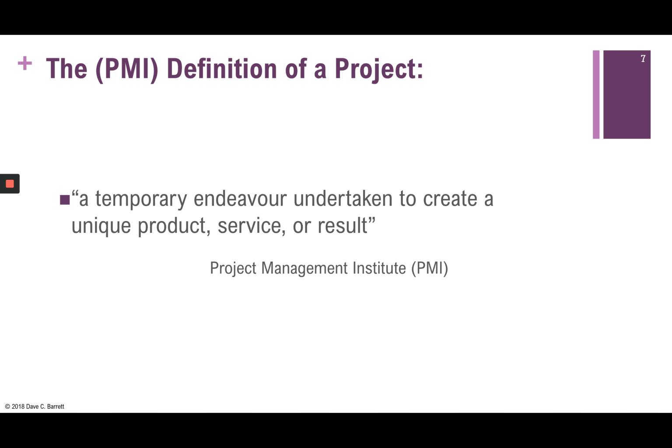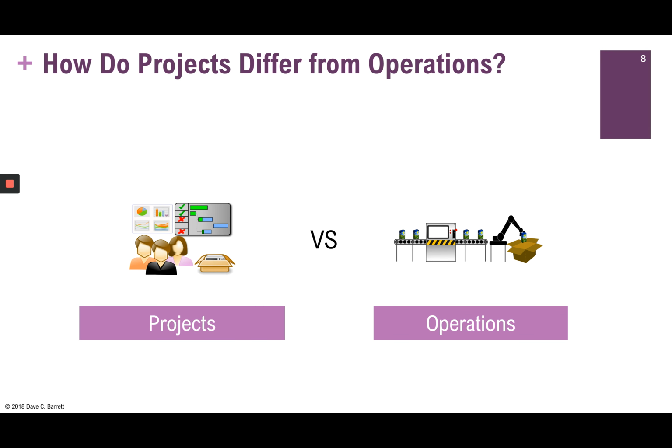The PMI definition, PMI is the Project Management Institute, which is an organization that creates and maintains various project management standards. PMI defines a project as a temporary endeavor, so there you see the word temporary again, undertaken to create a unique product, service, or result. So that's the definition of a project, and that's what we're going to be studying throughout this course.